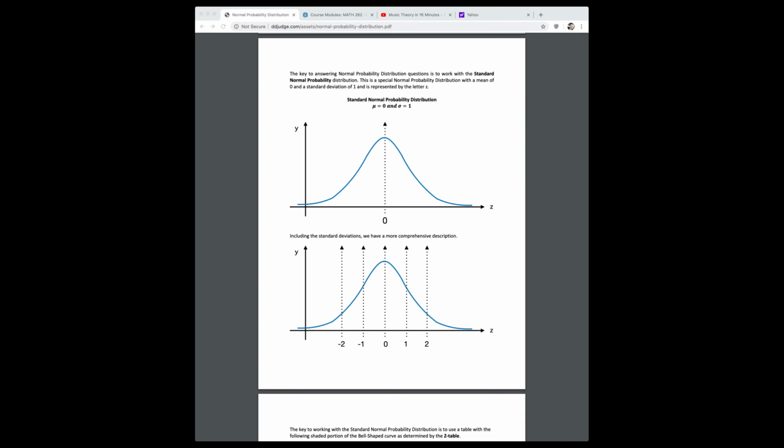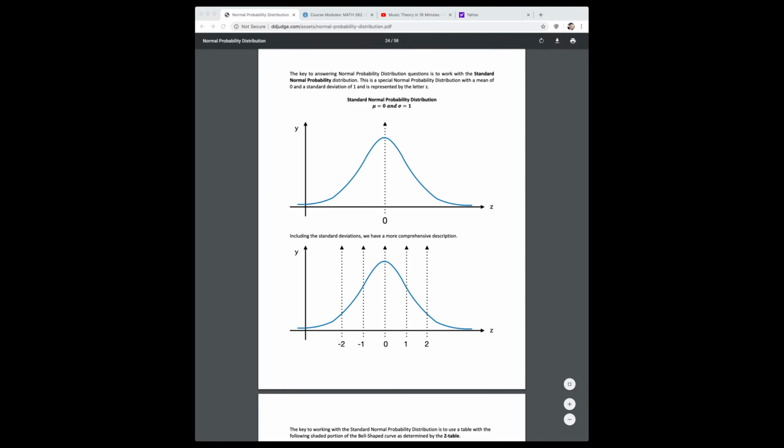So I'm going to go here and look at some of my notes and find what we need. All right, normal, standard normal table, yeah. All righty.